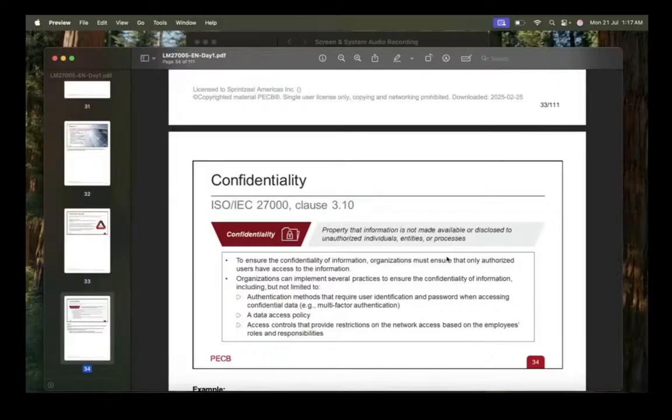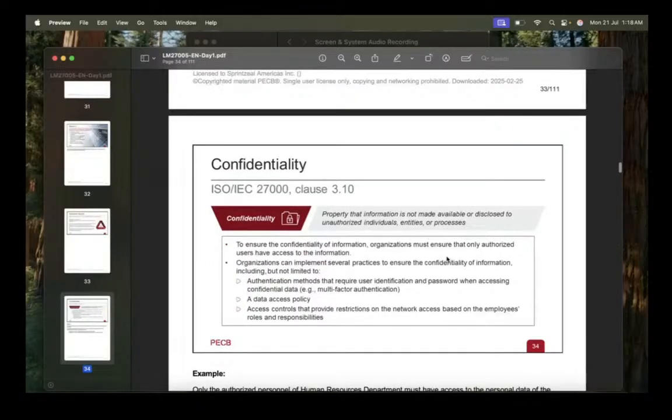So these are the three main practices that organizations usually implement. First is multi-factor authentication, or maybe other authentication methods. Then their data access policy. Next is access control, like whom they are giving that access.